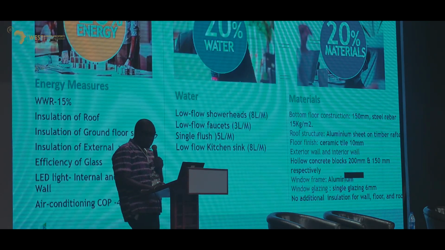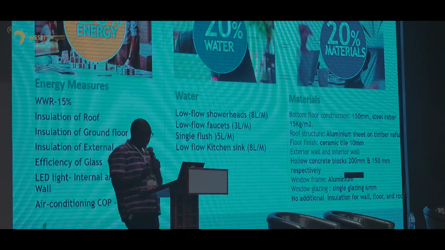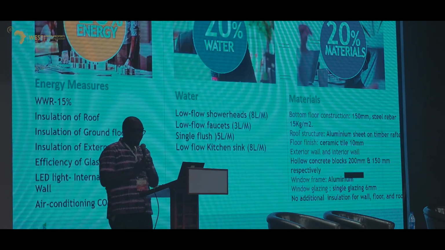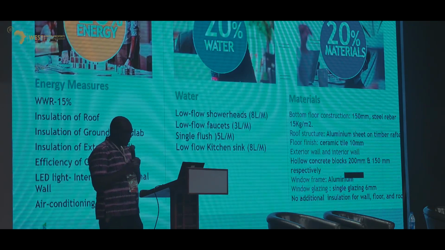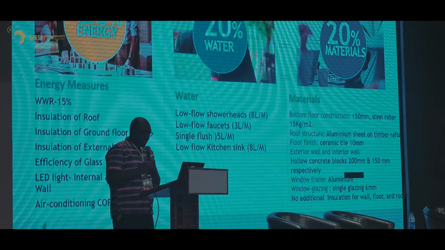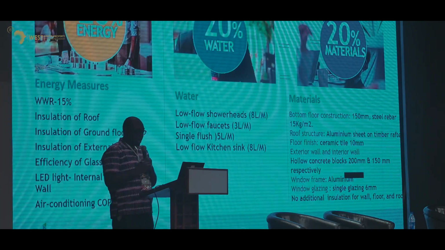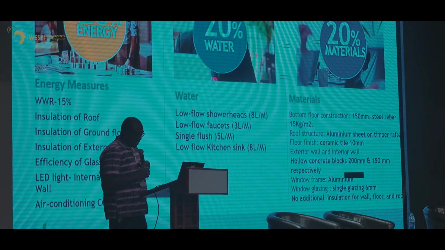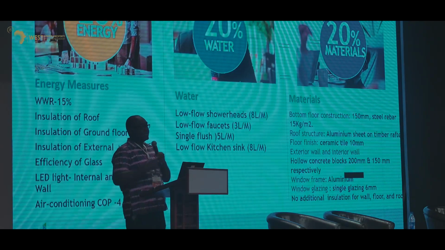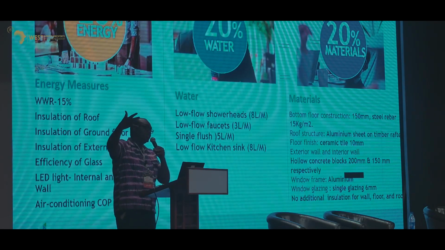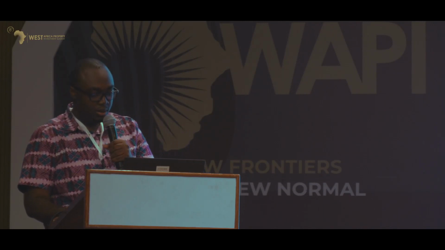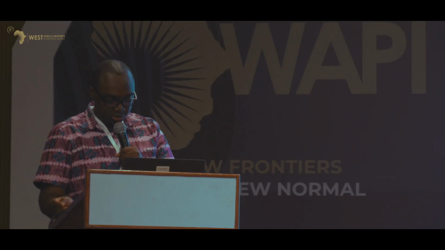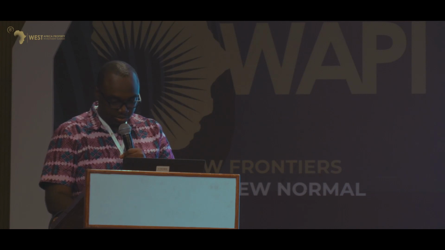The external wall as well will be hollow concrete blocks, 200 and 150 respectively. The window frames, aluminum, and the window glazing, single glazed 6. And since we are not going to be having additional insulation in addition to our wall material, we will just be ensuring that we choose no insulation in material as well.